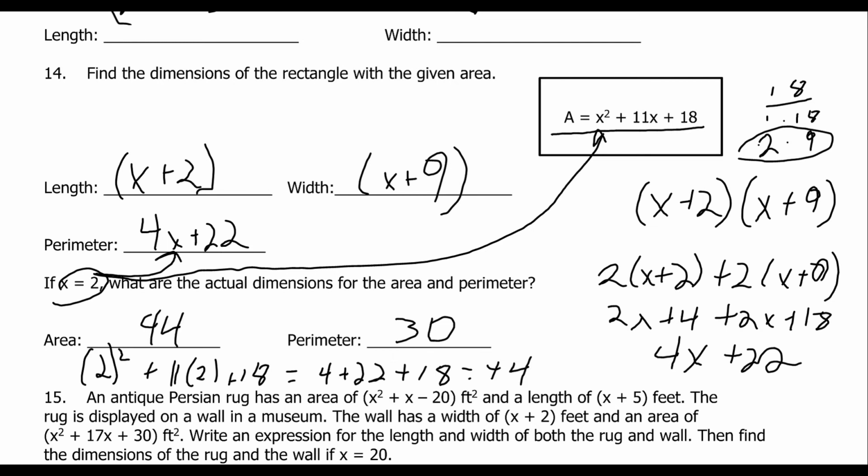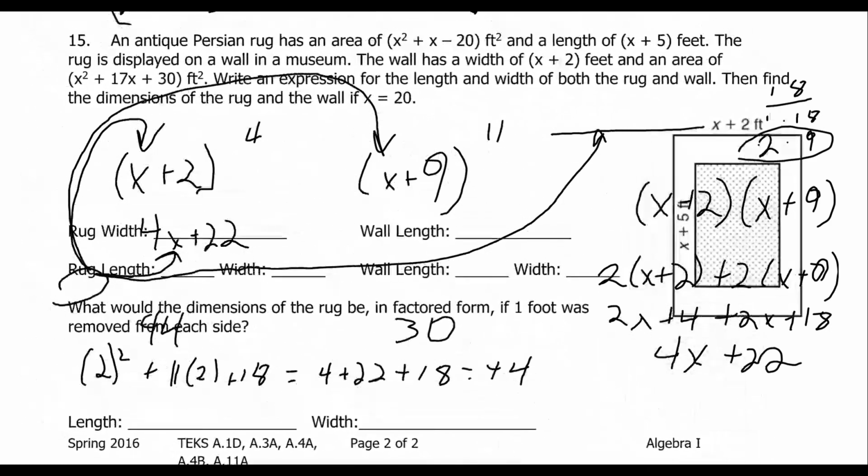Now, just to double check this, we can take this and plug it in here and here. So that would be 4 times 11. 4 times 11 is 44. Just double checking myself. You don't have to go that far, but it's useful. All right, so there we go.